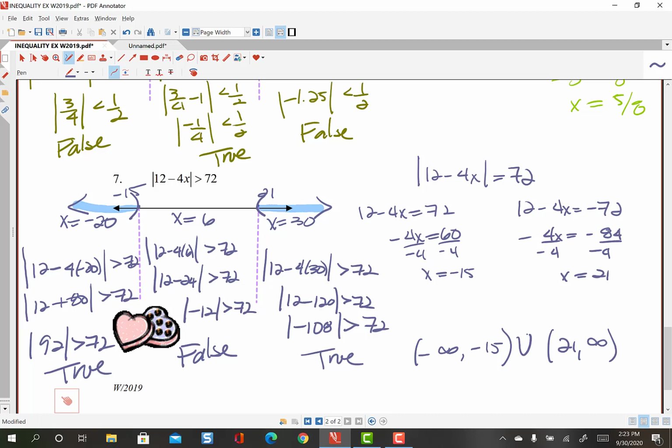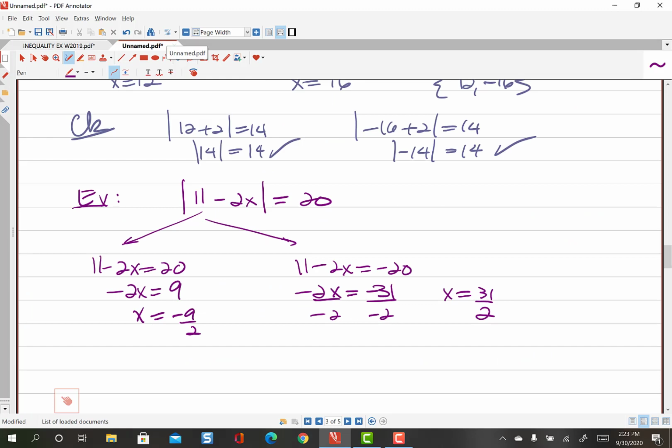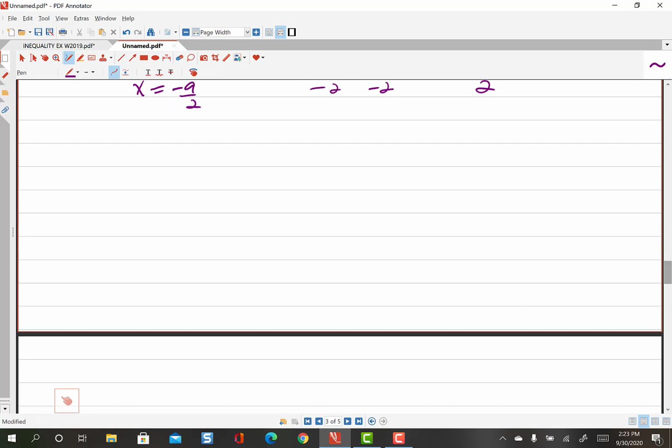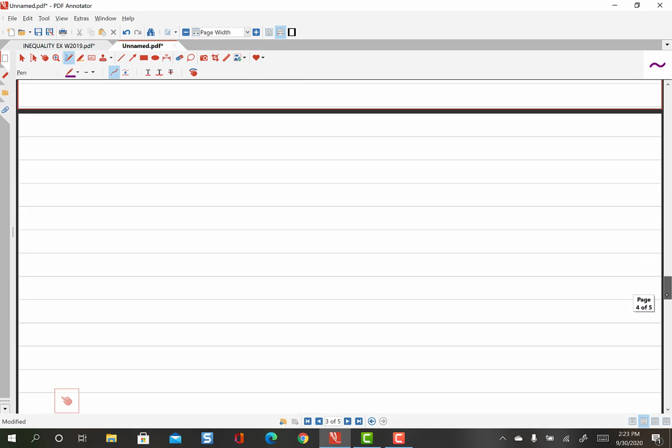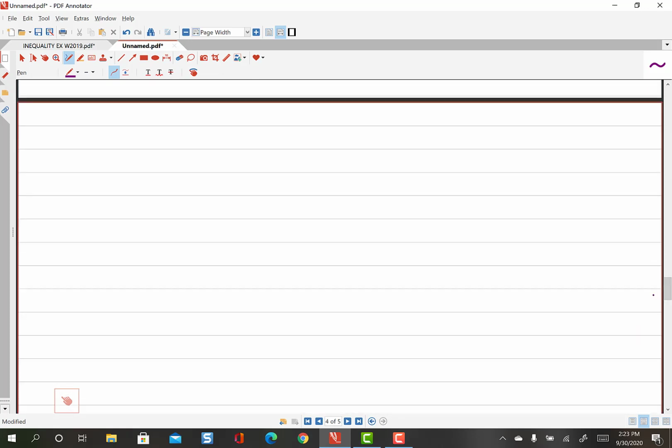Okay, now I wanted to look at one other kind of thing here. And the reason I wanted to look at this is because it is kind of the more advanced version of an absolute value problem. So for instance, let's say if I was just going to draw my x and y axes here. Okay.